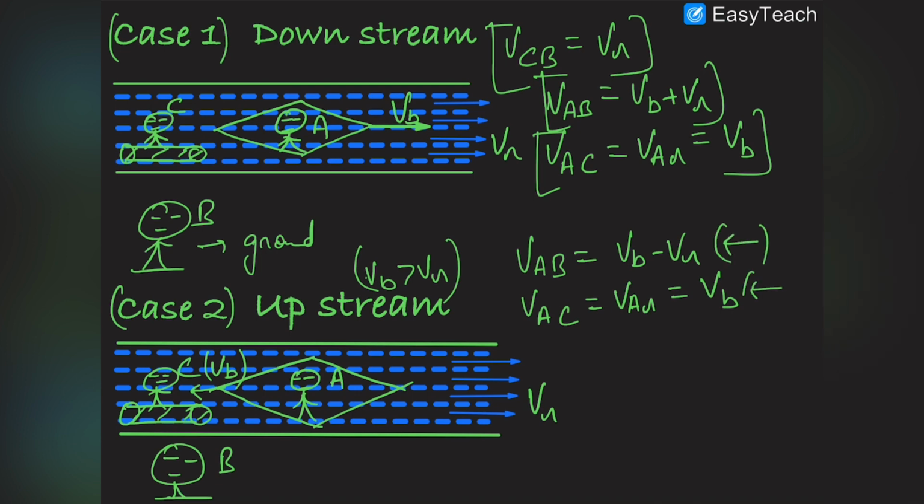And the velocity of C with respect to B in this case is again VR in the forward direction, because C is part of the river and it is flowing with the speed of the river. So observer B would observe C moving in the direction of the river with the velocity of the river. So this was the second case, the upstream case.